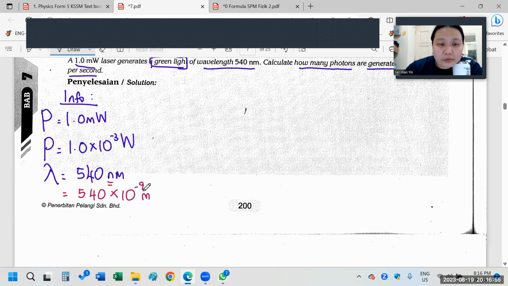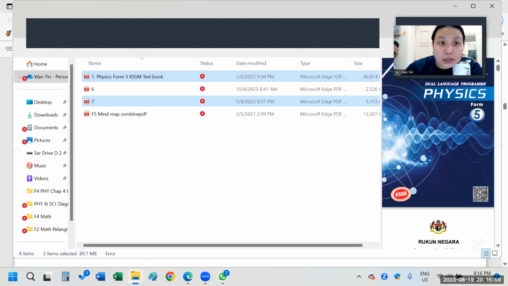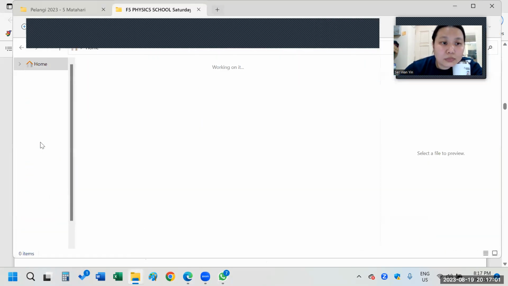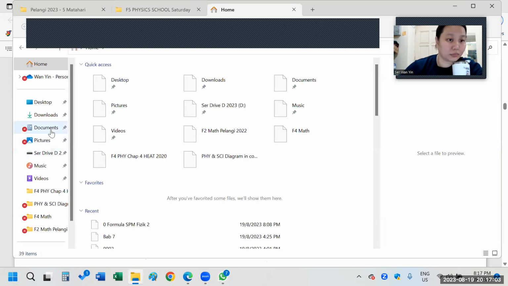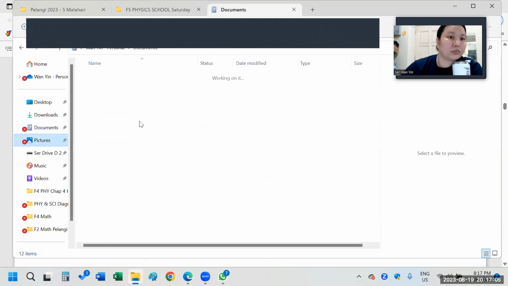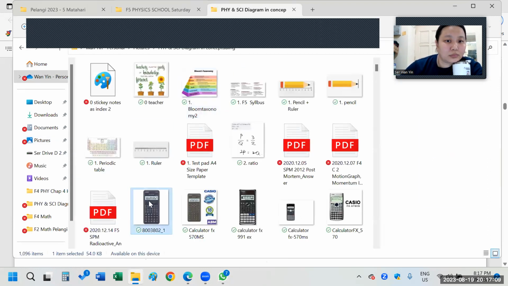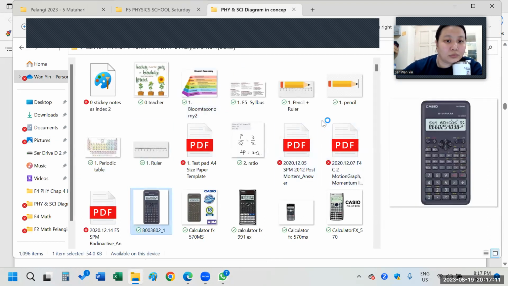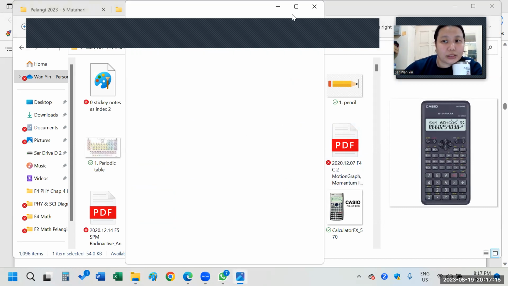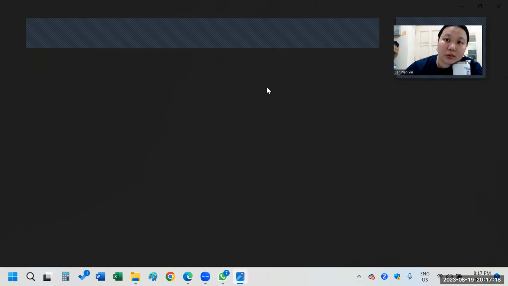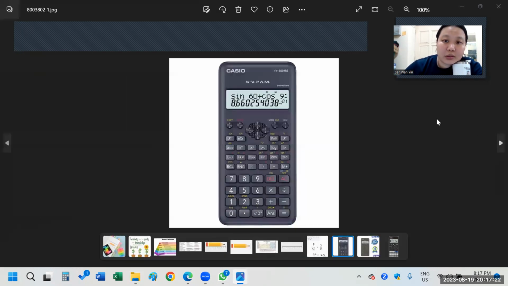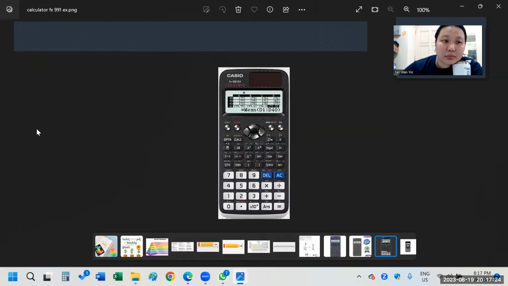Okay, you can get it from your calculator, which is this part. This calculator doesn't have it. Normally the 380 MS doesn't have it, only this one.